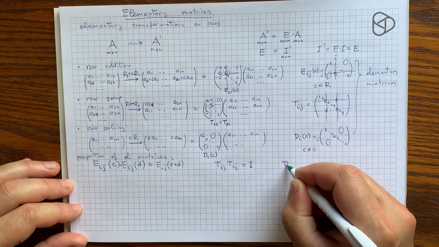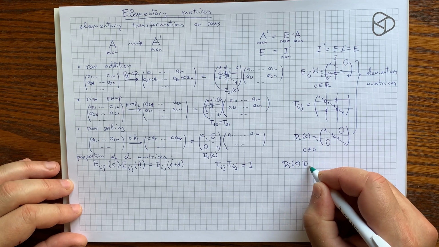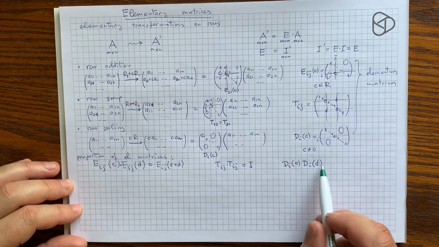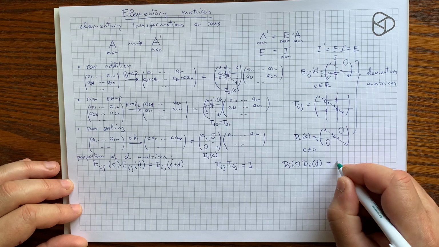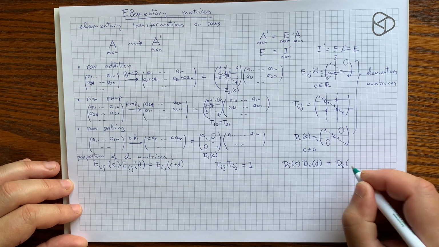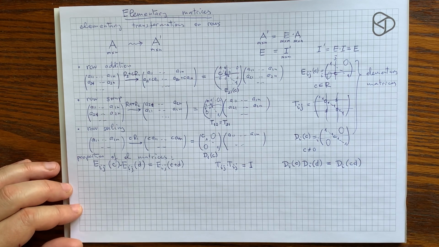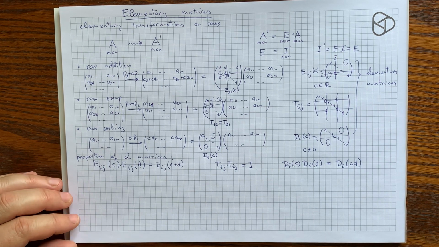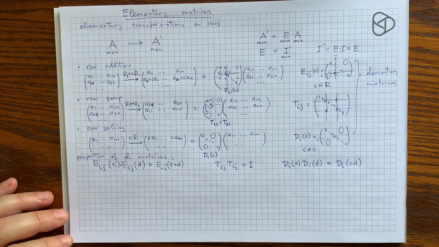And finally, if we scale row I with coefficient c and the same row I with coefficient d, or again the other way around, d first and c second, it will be as if we are scaling it with a coefficient which is the product of the two scaling numbers. So these are the three properties which will be useful for us later.